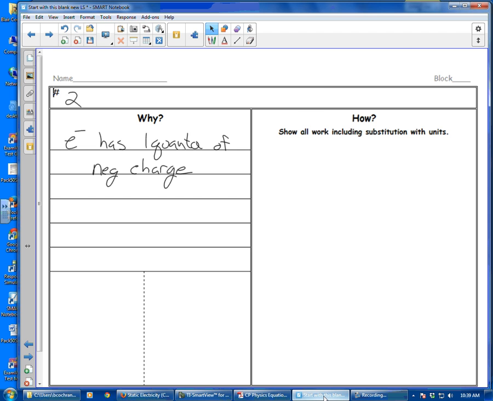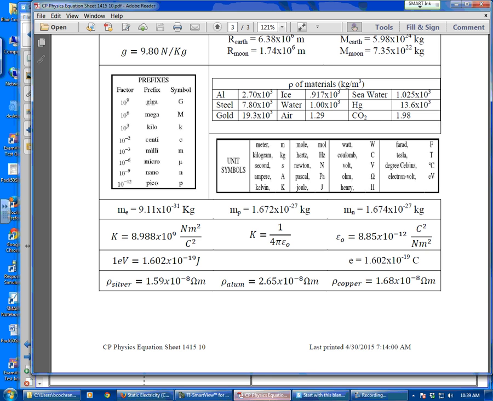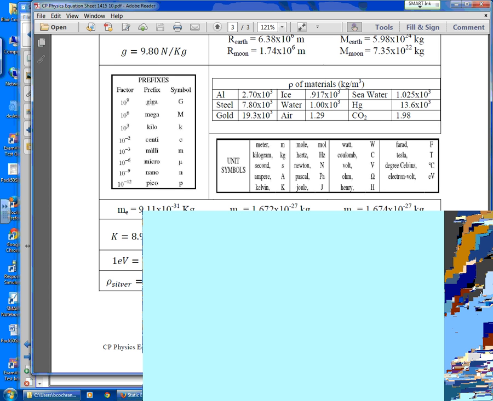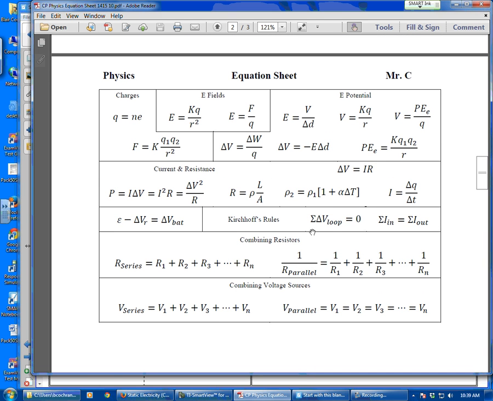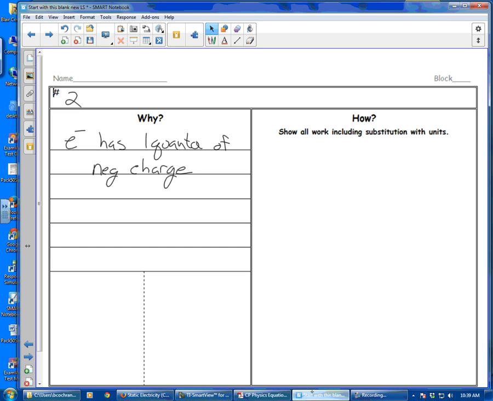And then we jump to our equation sheet. We look in our charges section of our equation sheet and see that the charge on something, Q, is equal to N times E, how many quanta are on it. So that's our equation we're going to use, Q equals NE.